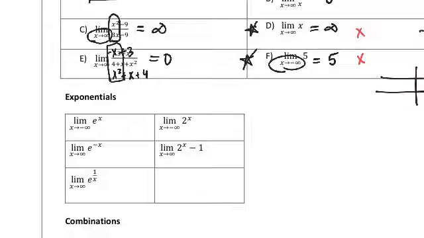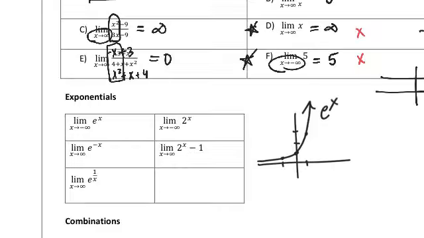Okay, exponentials. Quick review on exponentials. E to the x looks like this: 0, 1, 1, e, negative 1, 1 over e. So this is what the graph of e to the x looks like, okay? And you can see that as x goes to positive infinity, y goes to positive infinity.